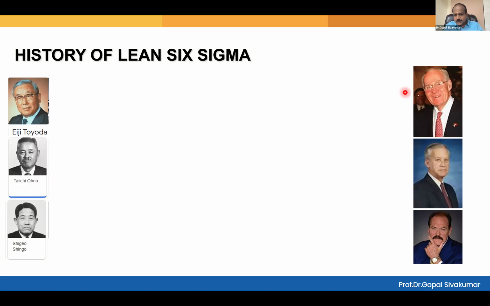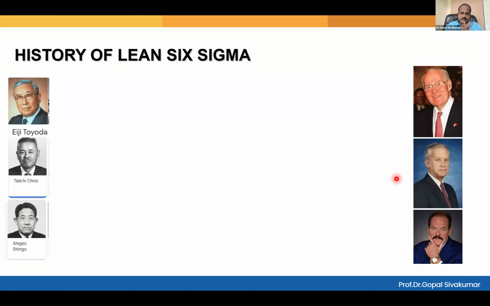You could easily understand why statistics comes in. See here, this person, Dr. Michael Harry, is actually a statistician. He worked for Motorola. And this is Bill Smith, an engineer. And this is Robert Bob Galvin, the CEO of Motorola. The combination of engineering brain and statistical brain actually gave birth to the concept of Six Sigma.